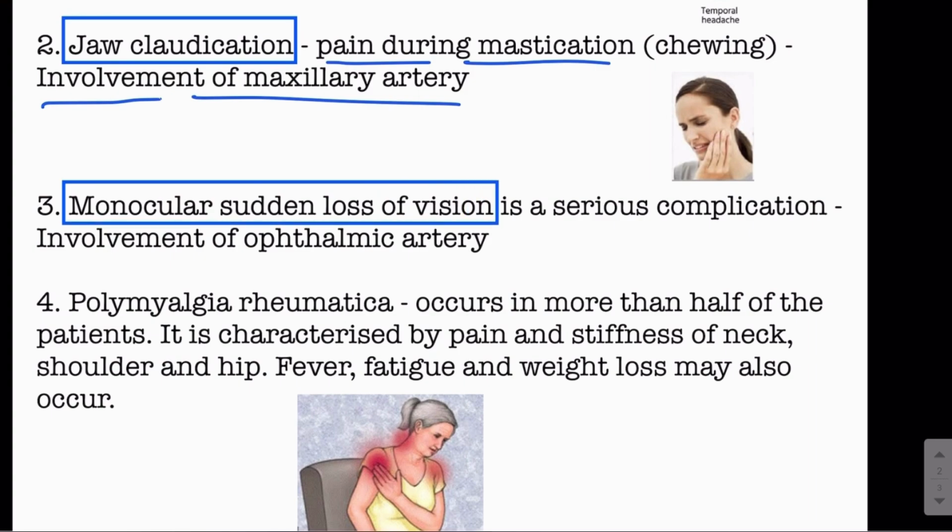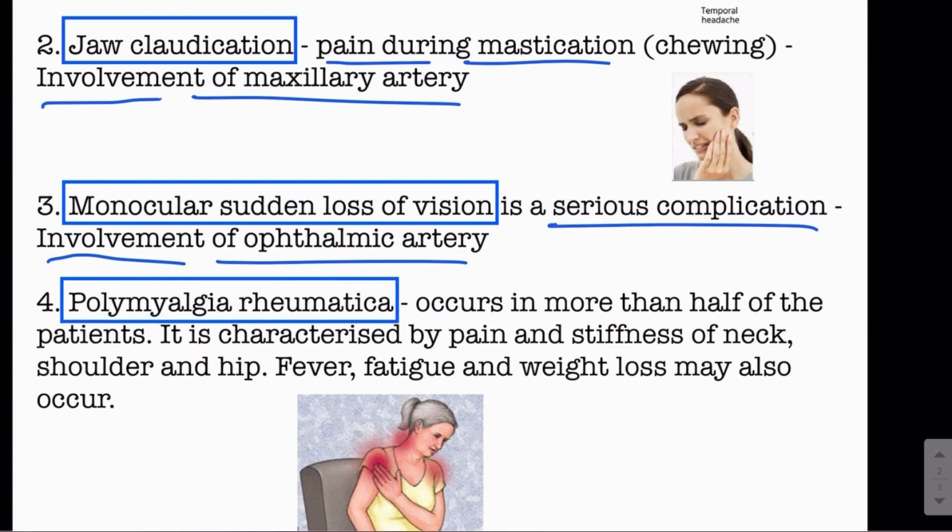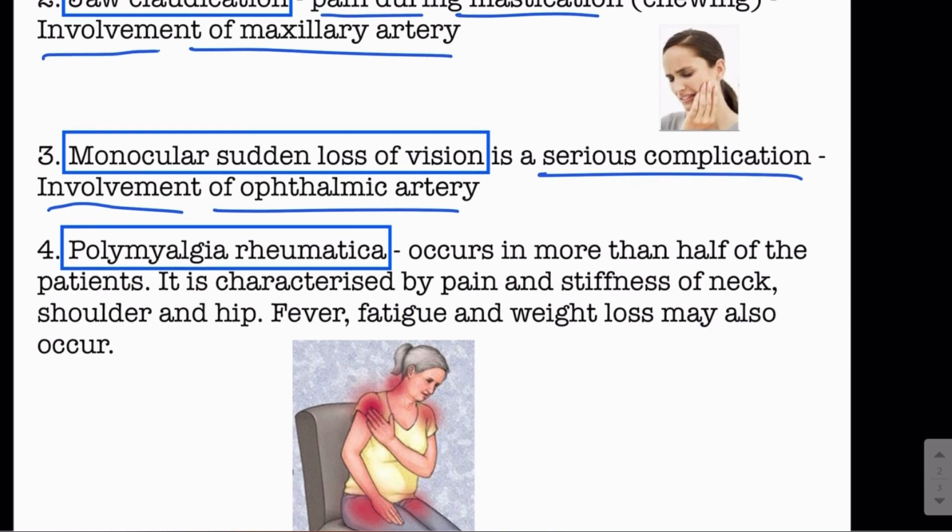The other clinical features include the monocular sudden loss of vision. So guys, this is a very serious complication. There is blindness or monocular blindness, which can occur due to the involvement of the ophthalmic artery, and this is a very serious complication of the disease. Lastly, you find polymyalgia rheumatica in more than half of the patients, and this is characterized by pain and stiffness of neck, shoulder, and hip.